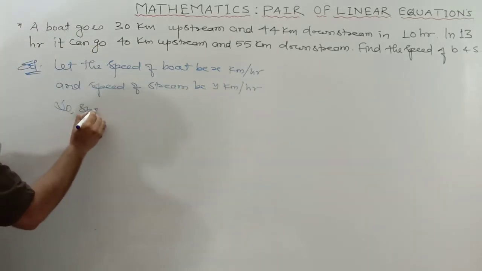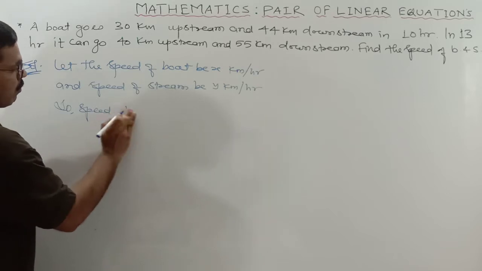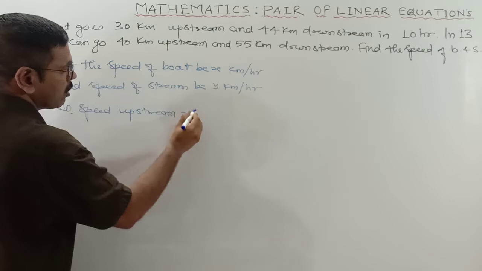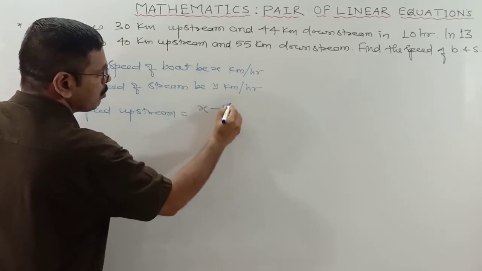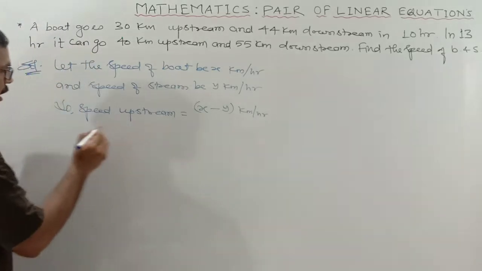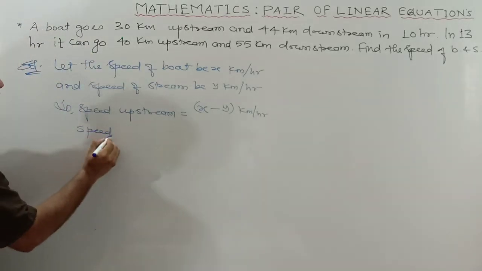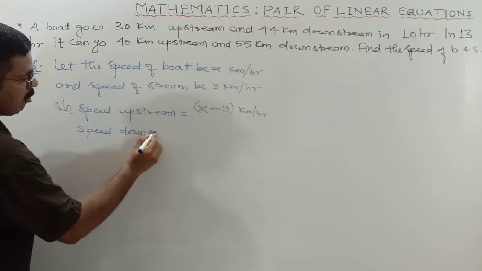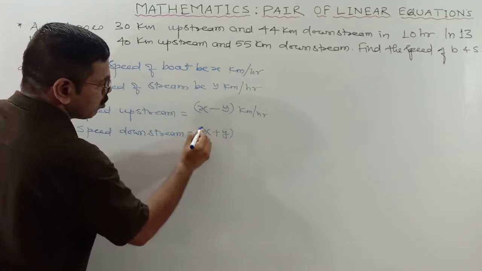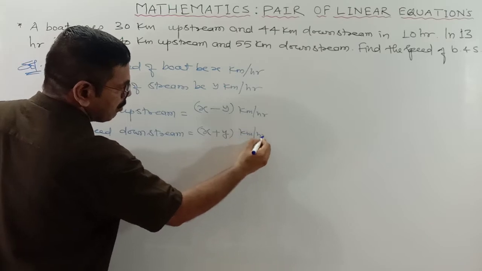So speed upstream will be x minus y kilometer per hour, and speed downstream will be x plus y kilometer per hour.